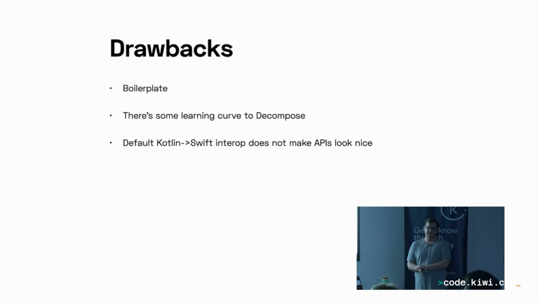There's some learning curve to Decompose also, so you really need to read through the documentation to learn all the advanced stuff it offers. And the default Kotlin to Swift interop is not really nice, because we use a lot of sealed classes and enums, and this particular feature gets translated into a mess of words stacked together. But yeah, there are some compiler plugins to mitigate this.